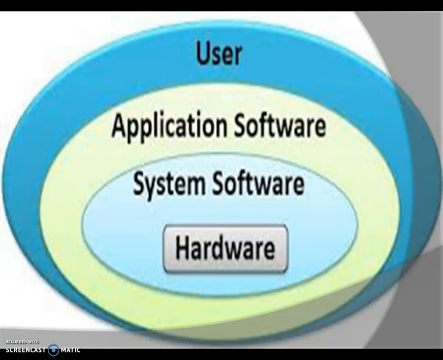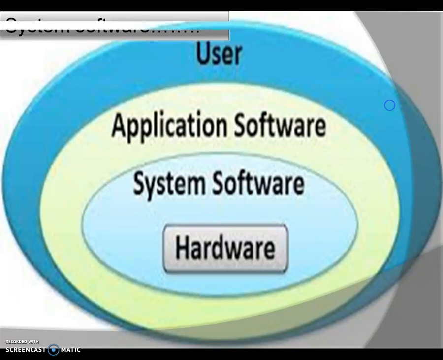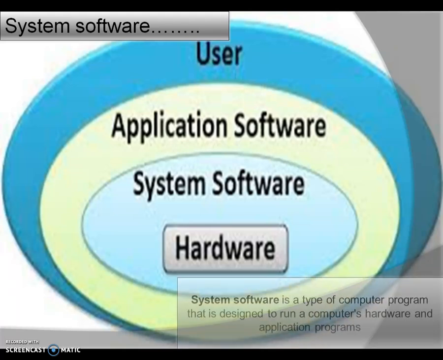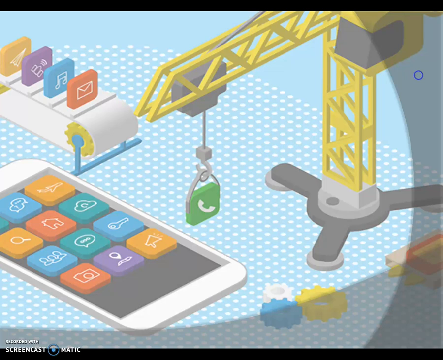Application software will run on the platform which the system software will provide. In the sense, system software is a more important software. It states that a software which provides the platform for the application software is known as the system software, and they are meant for running the computer hardware and the application software.